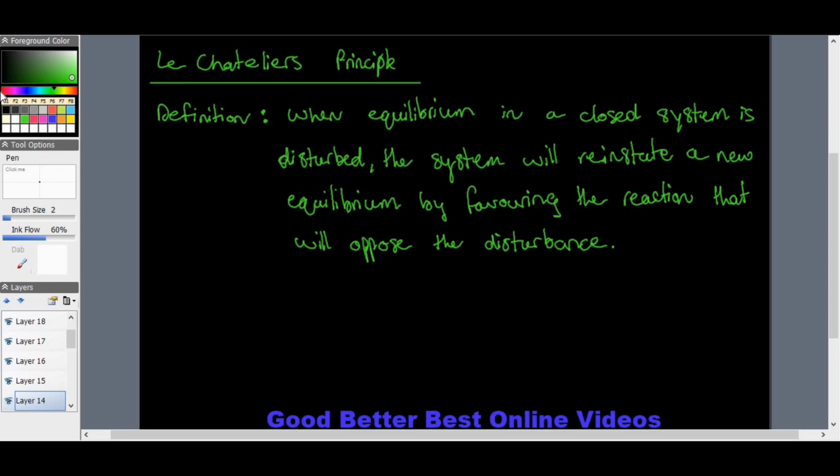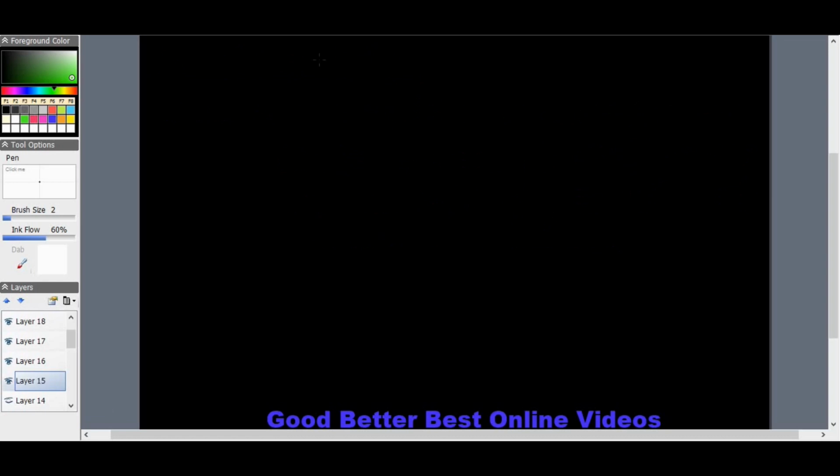Let's have a look at a reaction quickly, and let's draw some graphs. Okay, so the reaction, let's take SO2 gas plus O2 gas. It's a reversible reaction.